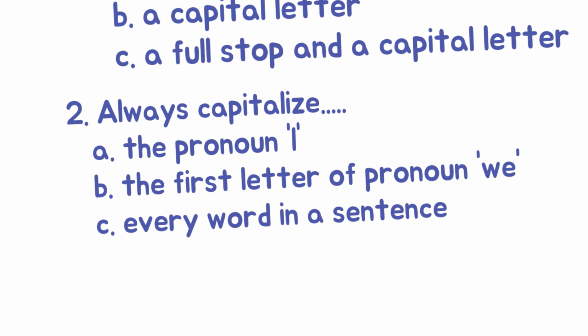The answer of the second question is, always capitalize the pronoun I. The other options are not correct, as we don't write the pronoun we in uppercase if it's in the middle of a sentence. And likewise, not each and every word would be written in capital in a sentence. But of course, the first letter of every sentence would be written in capital or in uppercase.